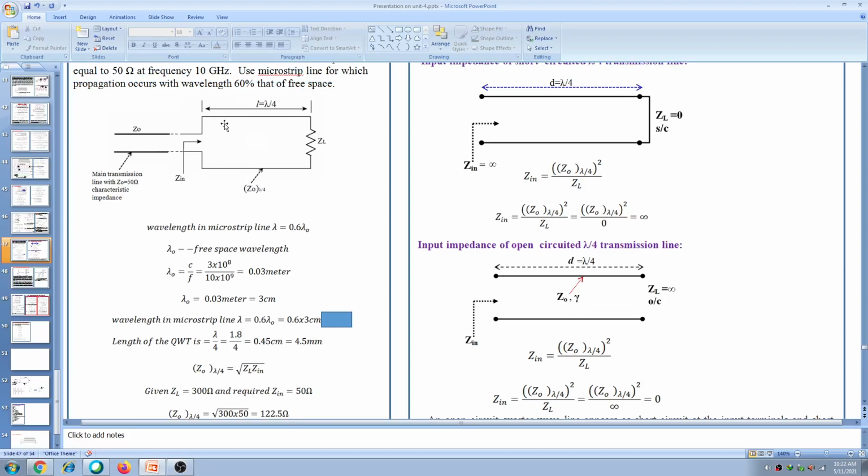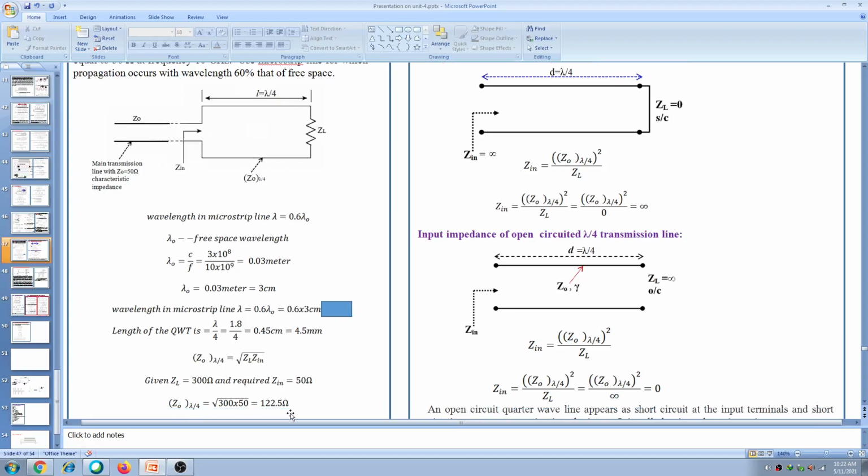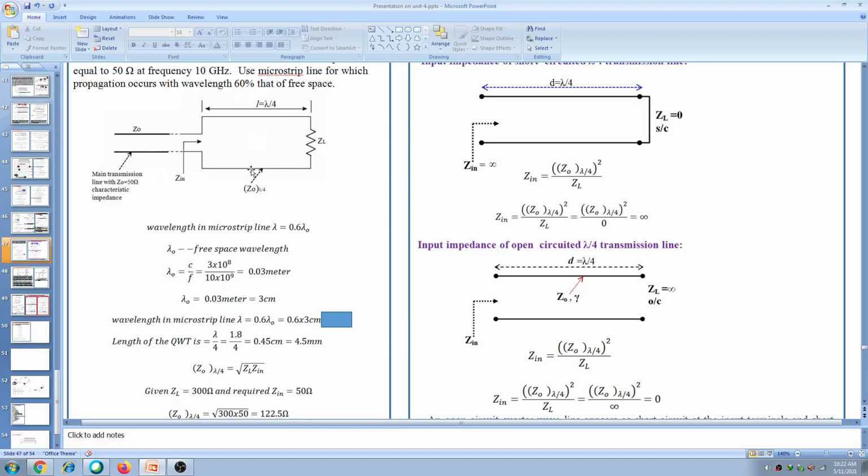So you design a quarter wave line such that its length must be 4.5 mm and its characteristic impedance must be equal to this. Then you connect that in between the main line and the load. Then we will be getting ZIN equal to 50 ohm.